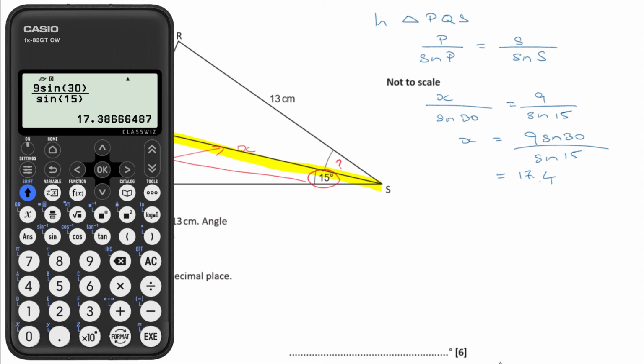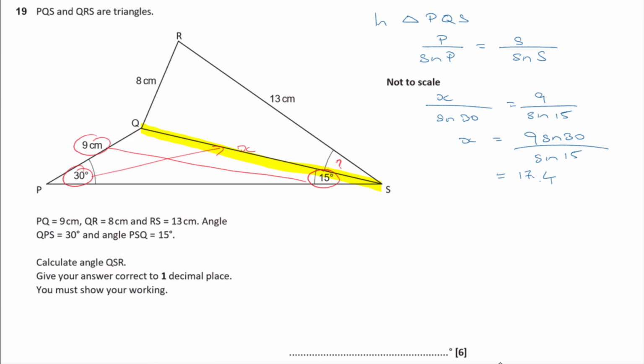I'm going to write 17.4 down, but I'm going to keep that full display in my calculator for in a minute. Right, so now I've found that communal side between the two triangles. I'm going to switch over to the other triangle now. I'm going to go to triangle QRS. So in triangle QRS, now I know three sides and I want an angle.